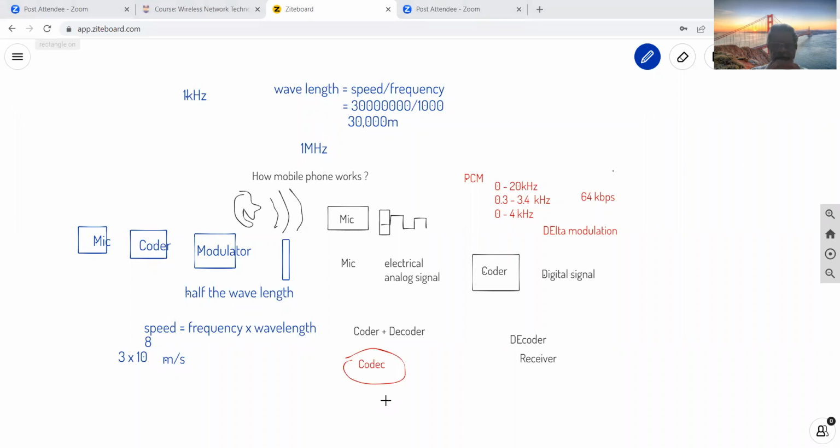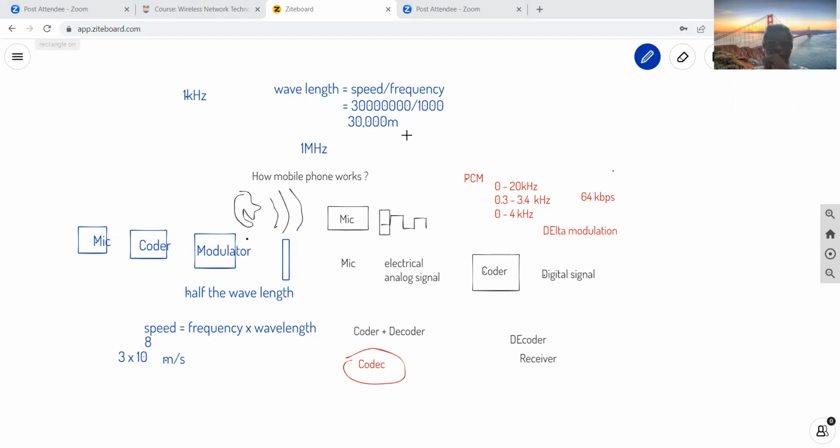If it is 1 megahertz, what is the wavelength? It will be 30 meters. 3 and 8 zeros divided by 1 and 6 zeros, then it comes as 30 meters. 30 meters is also a big amount.